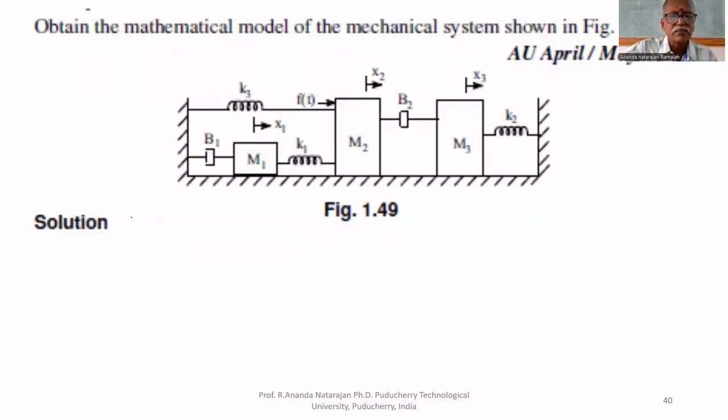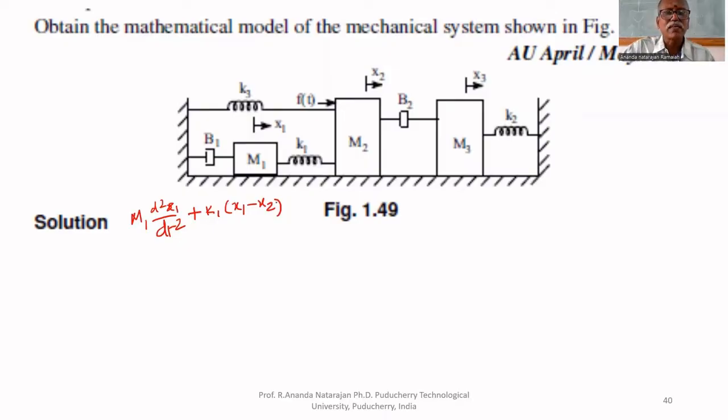The first equation is m1 d²x1/dt² plus k1 (x1 minus x2). Why? Because it is connected between the first mass and the second mass.